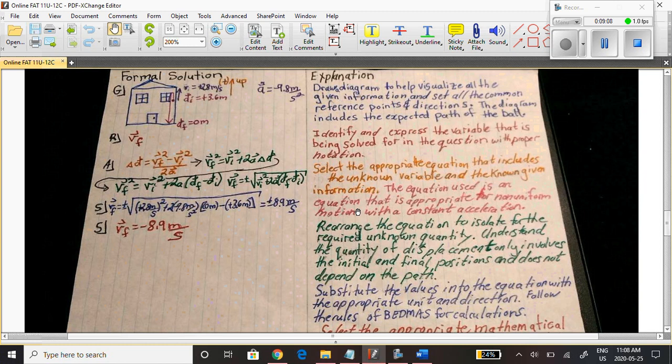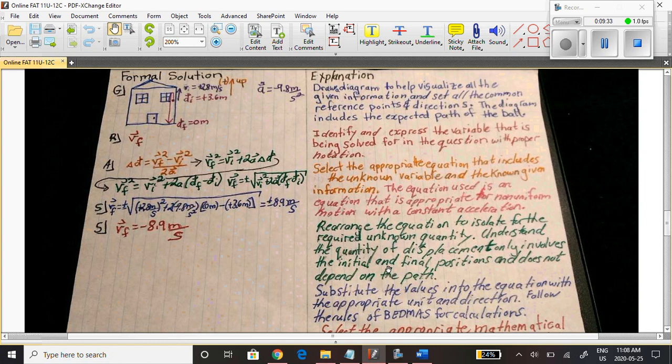Look what it's got in here: d final minus d initial. I'm explaining that in this equation we've got delta d, and delta d doesn't matter what the path is. Delta d is you started here and you ended up there. I don't care what happened in between, because what happened in between is not in the equation. But if you want to get full marks, you need to explain that.